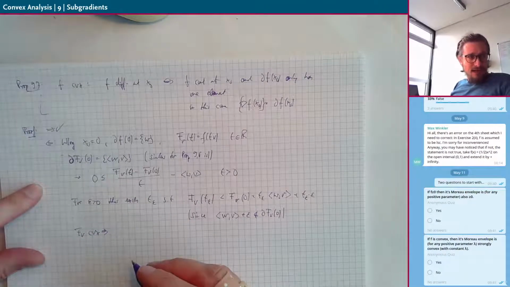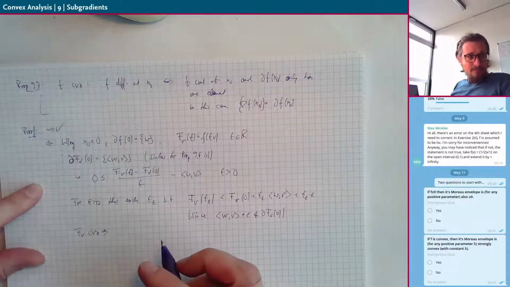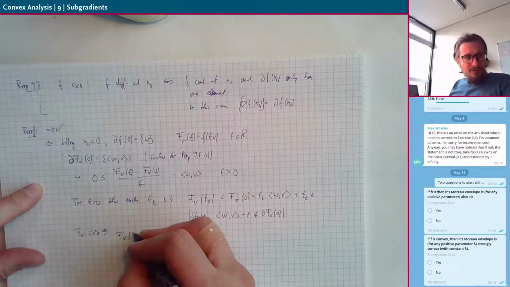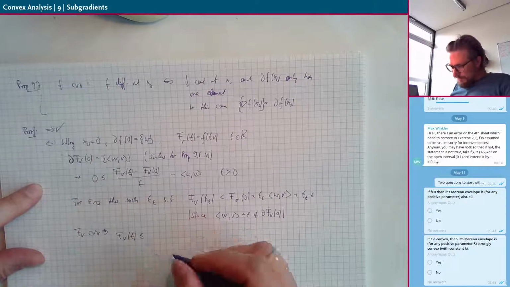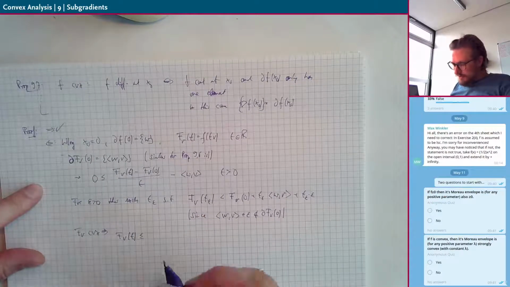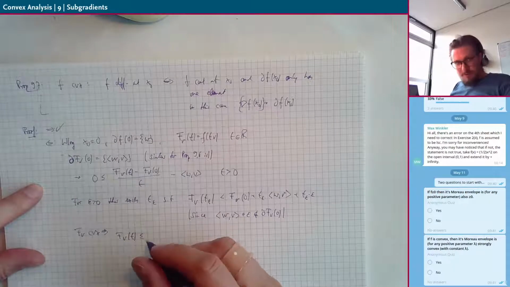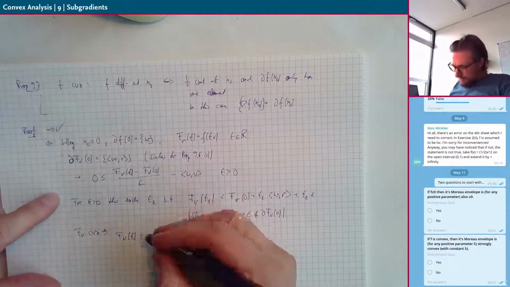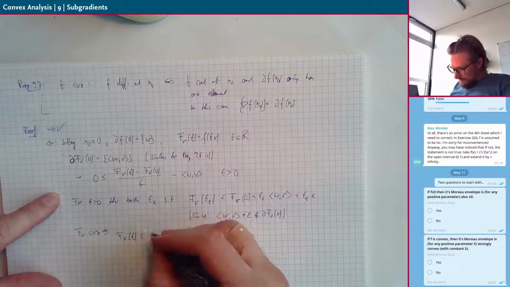Okay, now by convexity, f v is still convex, and this implies that f v of t is smaller or equal. So again, we write t as a slightly awkward linear combination of t epsilon and 0. I omit that one step here, but you'll see afterwards where it came from.